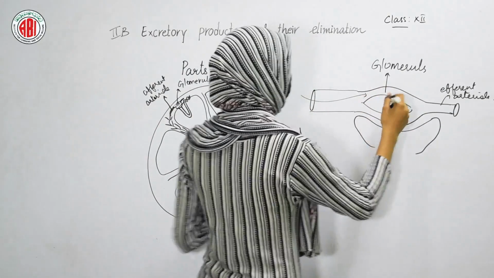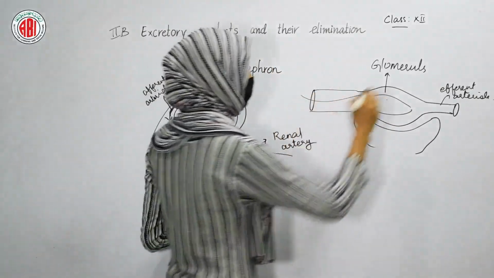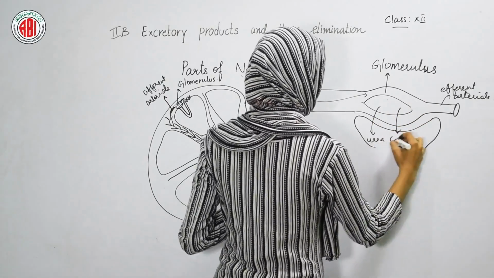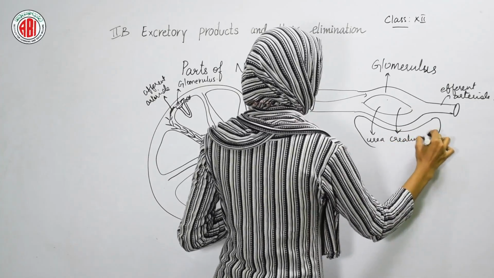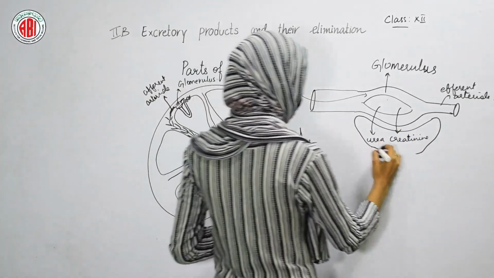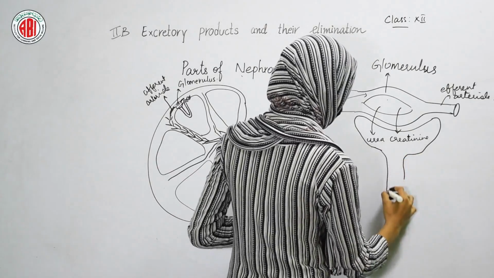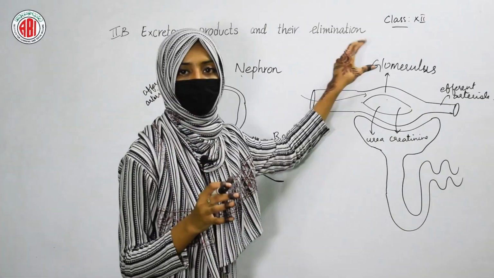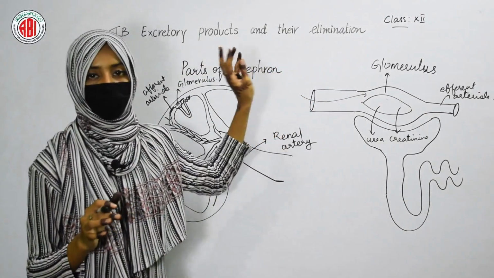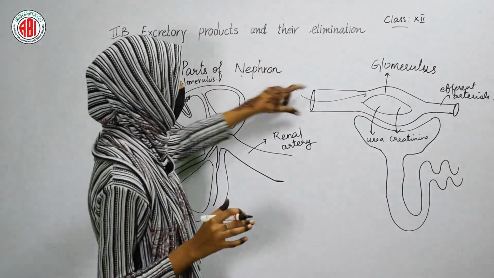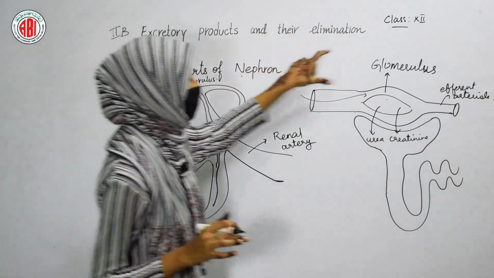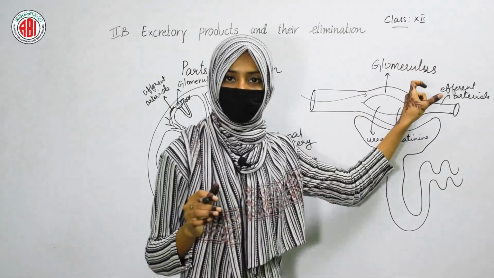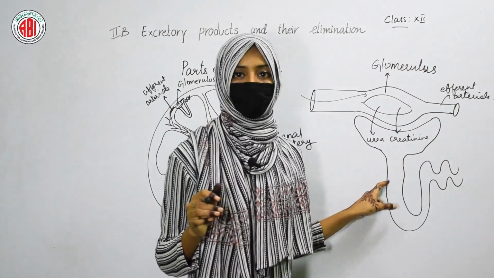Then the blood gets filtered in the glomerulus, and the urea and other waste materials like creatinine can be sent into the Bowman's capsule. Then the whole process of secretion can occur, right? So this is how the glomerulus structure is designed, and the blood into the glomerulus is supplied by the efferent arteriole, and the blood which reaches the efferent arteriole supplies the oxygen to the renal tubule of a nephron.